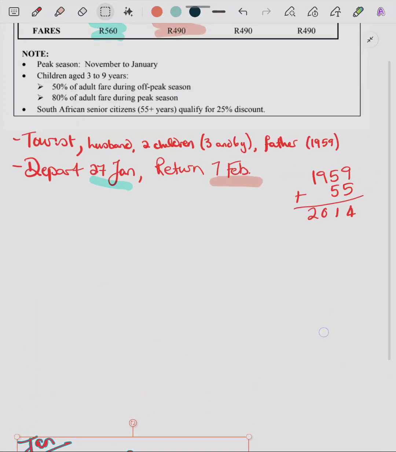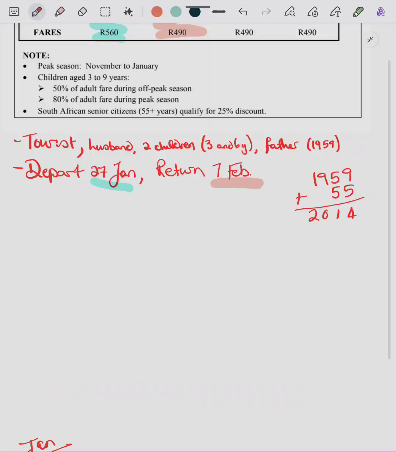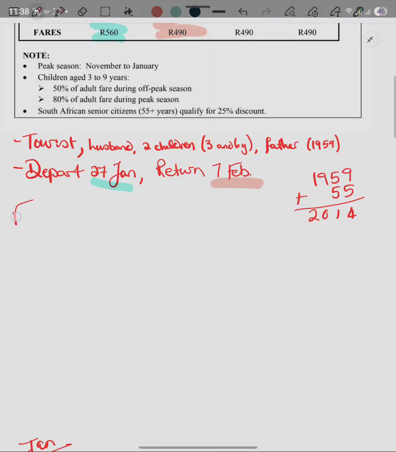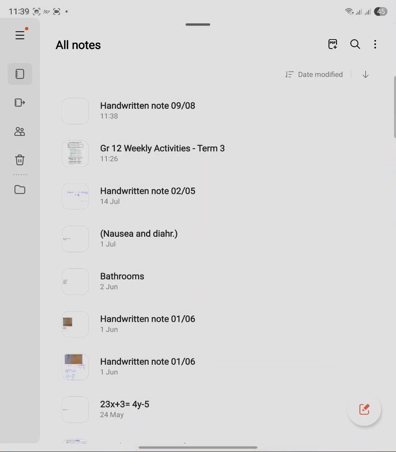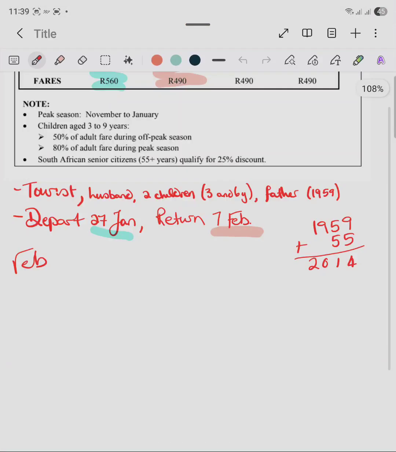For February, we're going to start with the tourist and her husband, so 2 times 490, which is going to give me 980.